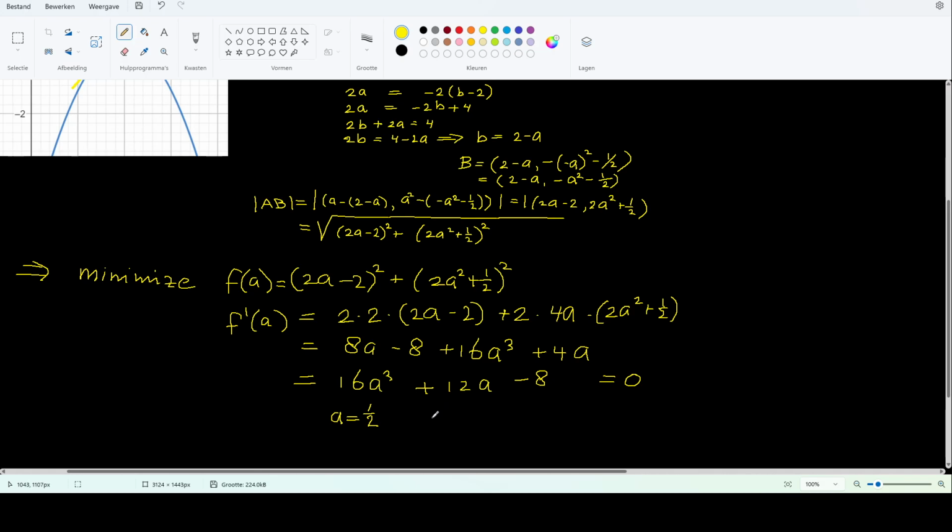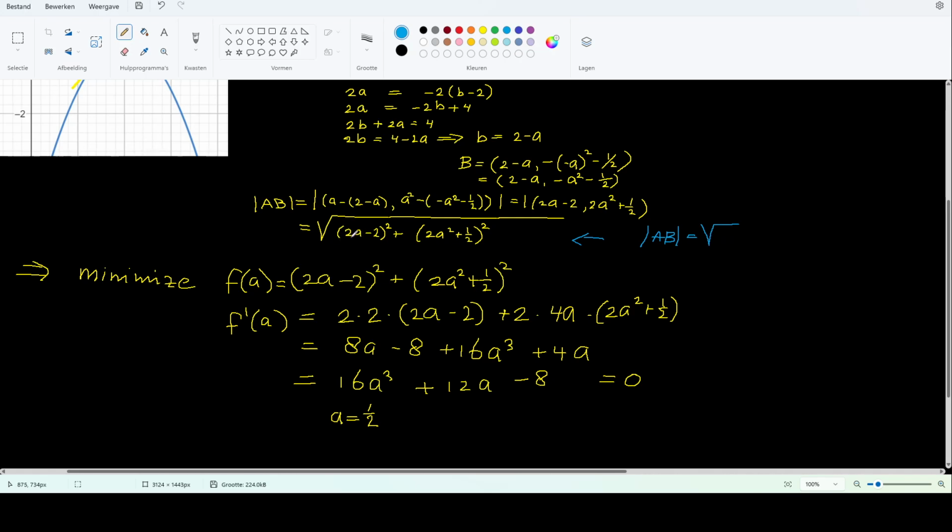Okay, now that you found a is 1/2, you can actually solve everything. For example, what you can do is substitute it into this equation here to find the minimal distance, which was the question. So we can take AB is the square root of the function f(a). Let's substitute 1/2 in here.